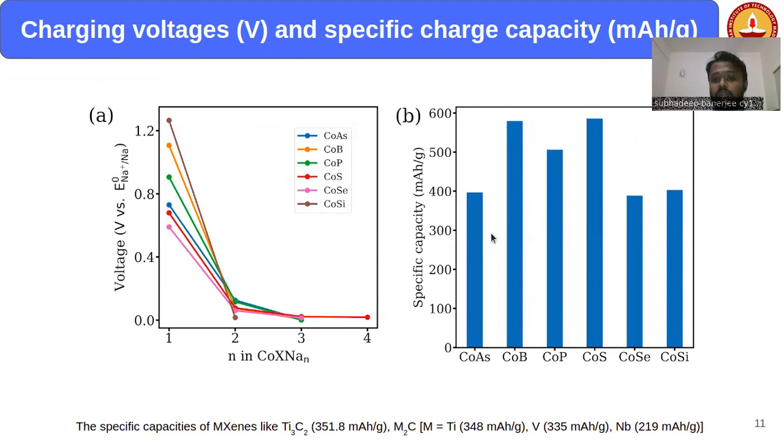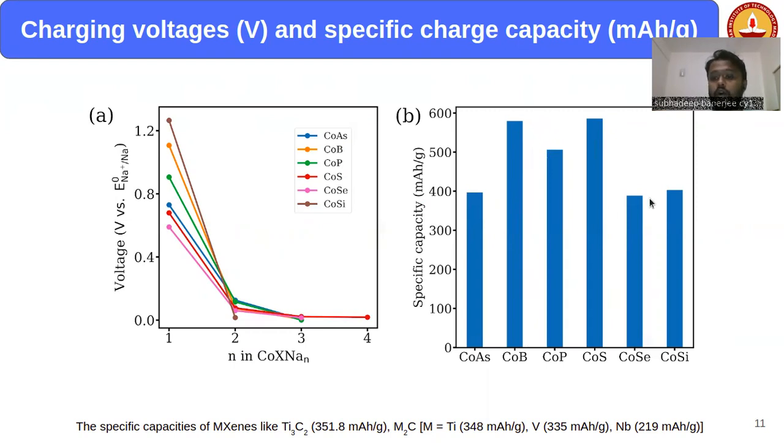For the maximum sodium atoms loaded structure, the calculated specific charge capacity is shown in this figure B. Since cobalt sulfide can load a maximum number of sodium atom layers, for cobalt sulfide it is maximum, then it is cobalt boride, since boron is the lower atomic weight element.